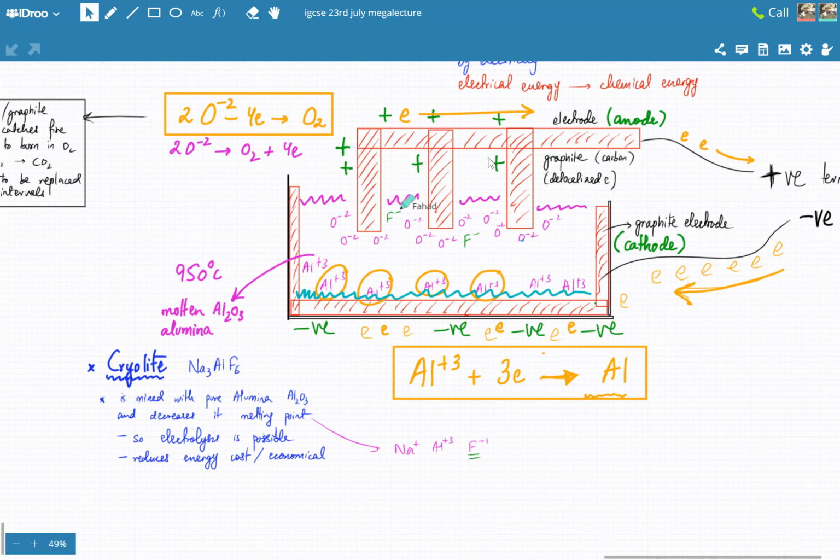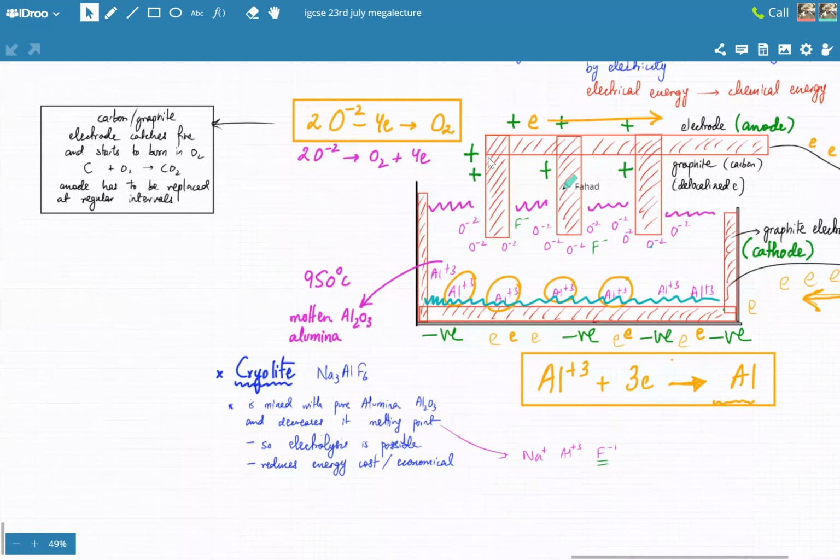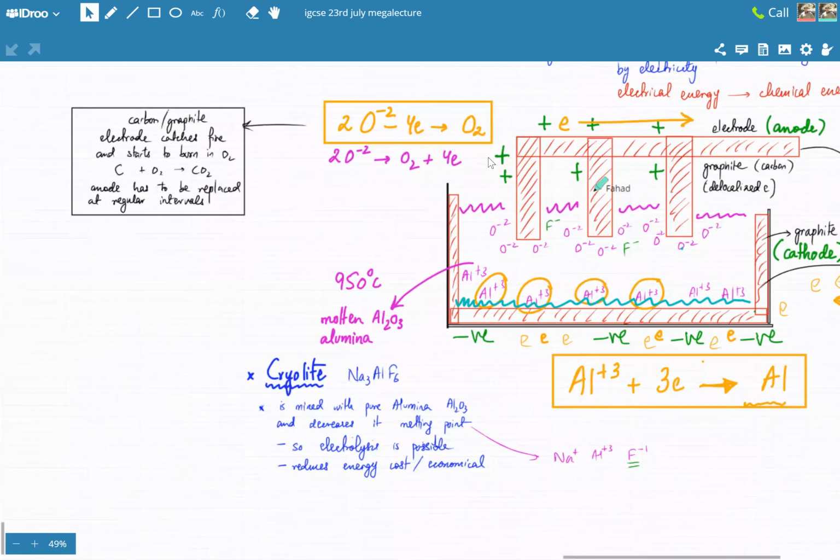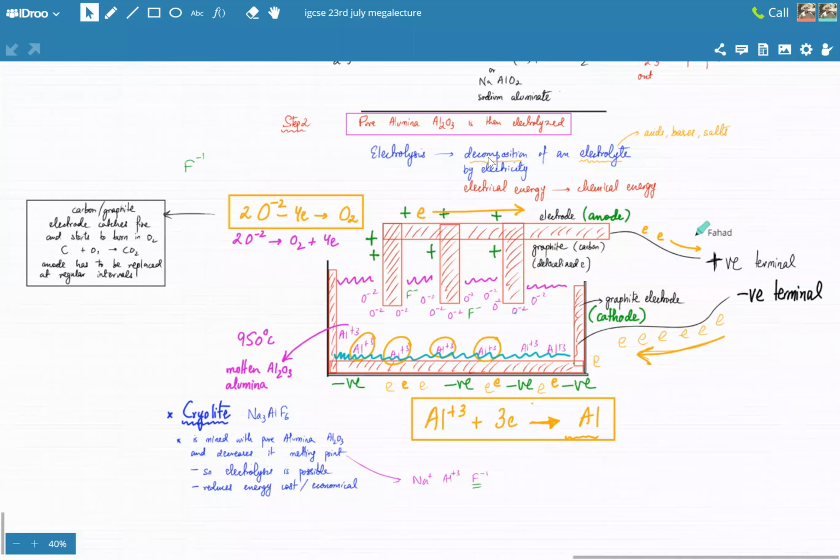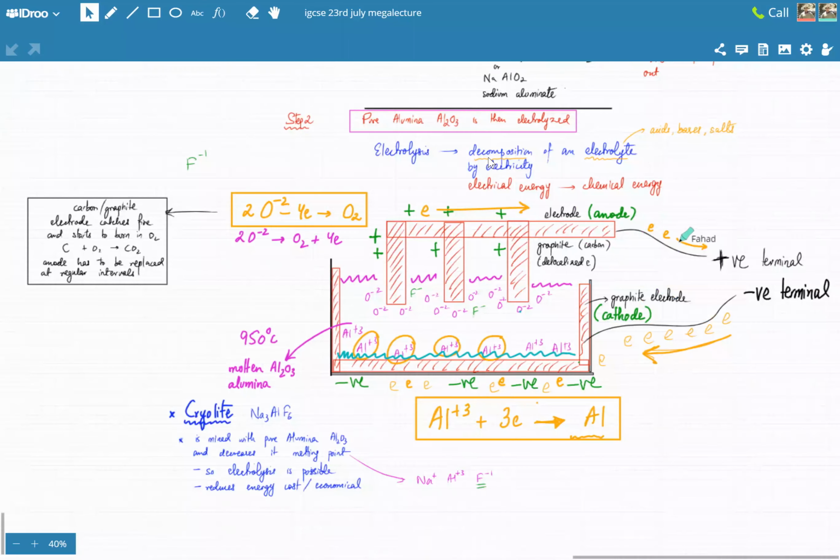Yes. So another reaction might happen at the anode. The battery is pulling or removing electrons. It's trying to extract electrons.